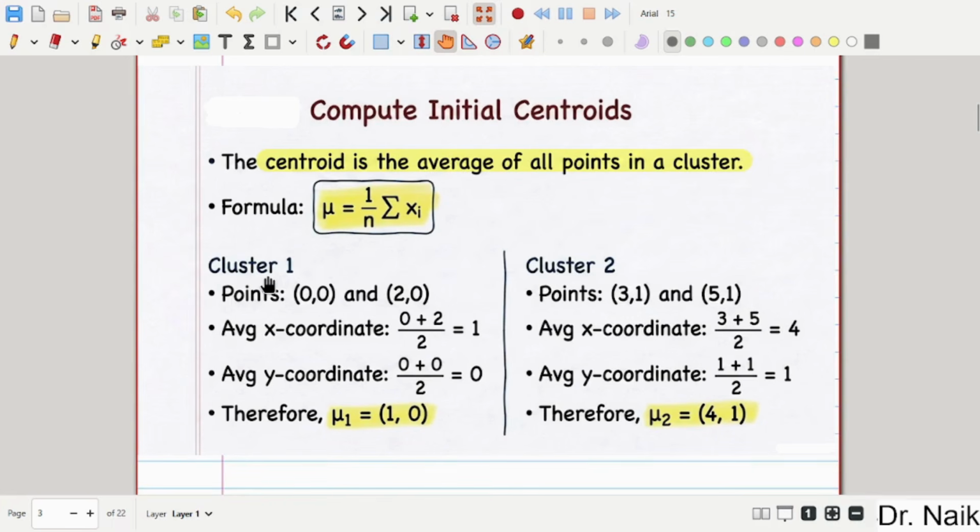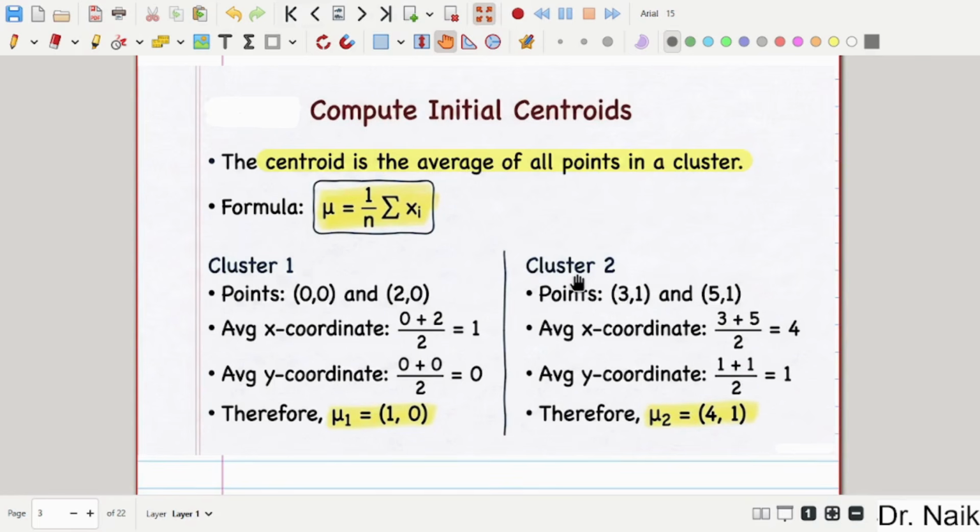Now calculate the centroid mu for cluster 1. Cluster 1 has 2 points (0, 0) and (2, 0). The average of the x coordinate is (0 plus 2) divided by 2, that is 1, and the average of the y coordinate is (0 plus 0) divided by 2, which is equal to 0. Therefore the centroid for cluster 1, that is mu1, is (1, 0).